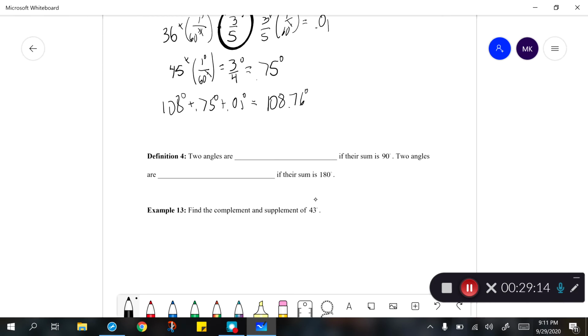So now we're going to talk about some special angles, complementary and supplementary angles. This is something that you're going to totally get mixed up, so it's very important that you have this written down somewhere easily accessible in case I ever mention this again.